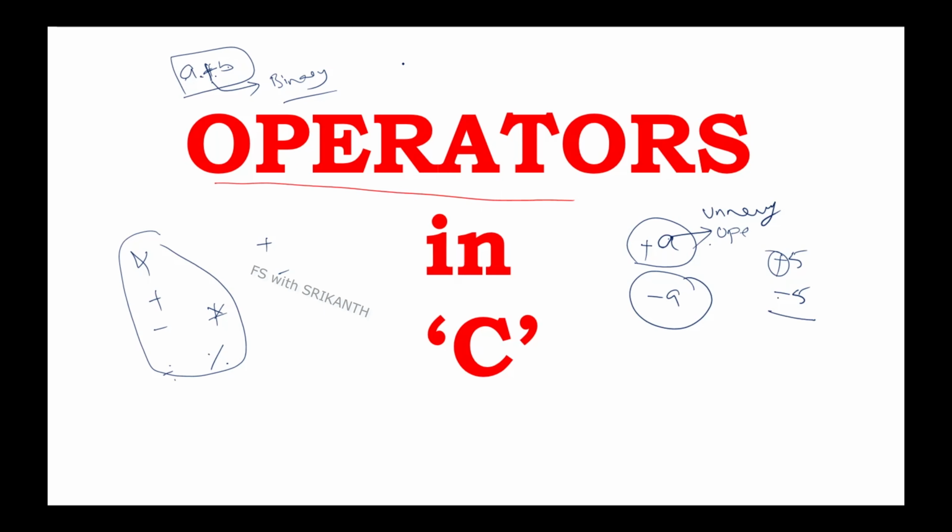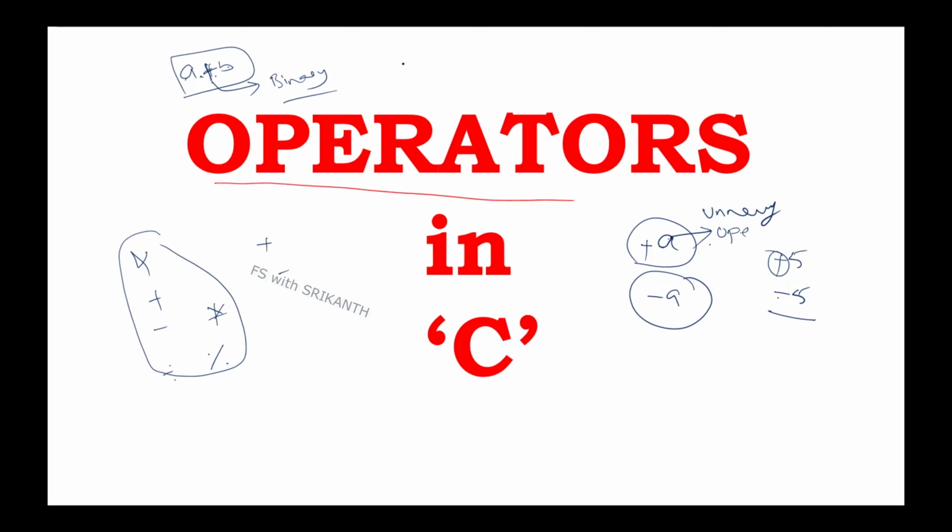So in C language, how many types of operators are there? How to classify these operators? One operator performed with one variable, we call it unary. An operator performed with two operands, binary. One operator performed with three operands, we call it a ternary operator.